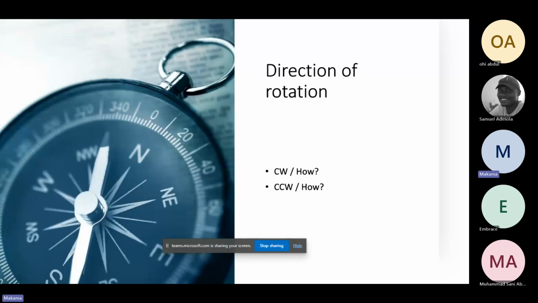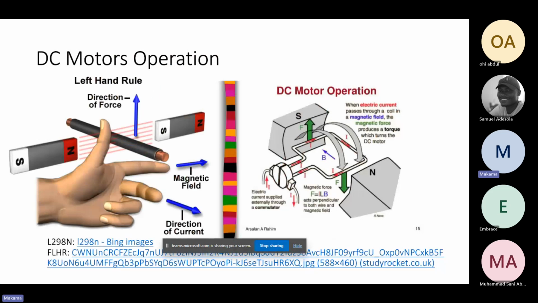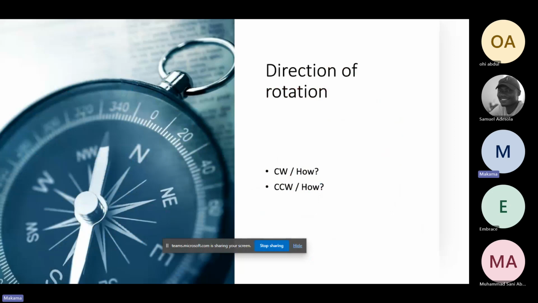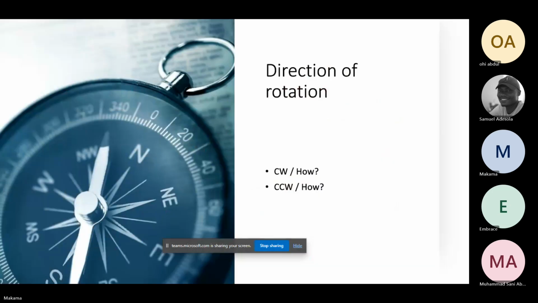I'm going to explain it very briefly, because explaining it further requires understanding the underlying concept. Even if you don't understand that concept, you will be able to understand how the motor is able to spin in the clockwise direction and also in the counterclockwise direction.